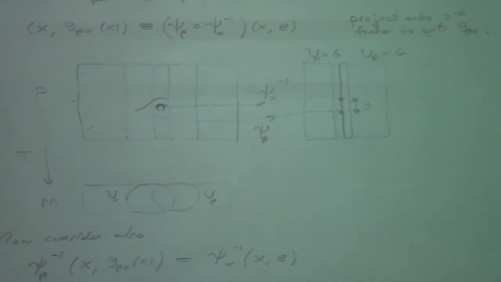And then we take psi beta of that. That moves us back over here. Chunk. We're on the same fiber in the Cartesian product of U alpha intersect U beta and G, but we're maybe at a different group element. So we've moved in the group but stayed on the same fiber. That's why this defines this G beta alpha of x, right?